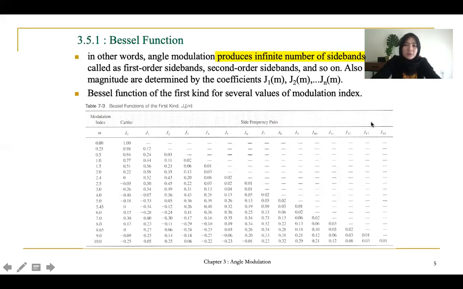We call a sideband significant when the value is bigger than 0.001. If lower than 0.001, we call it insignificant, so we just ignore the value.